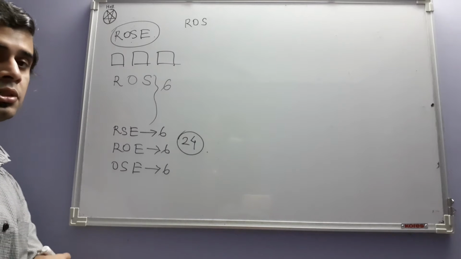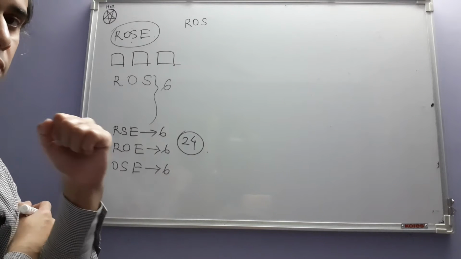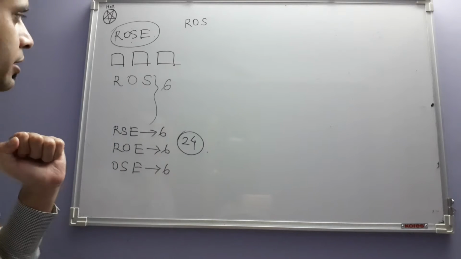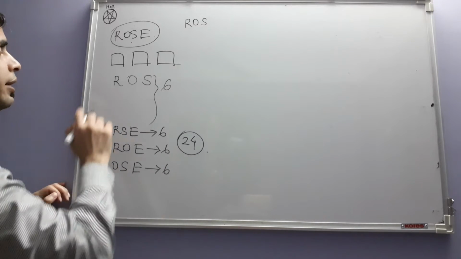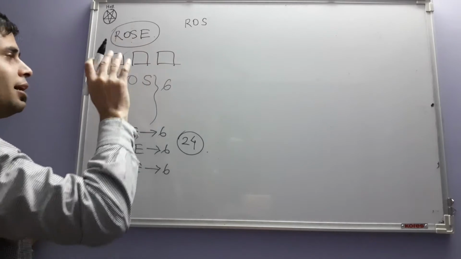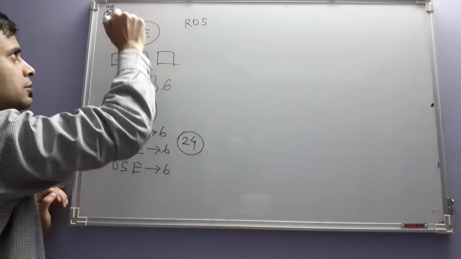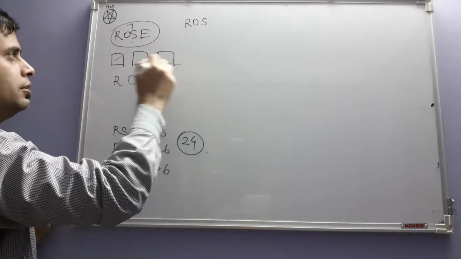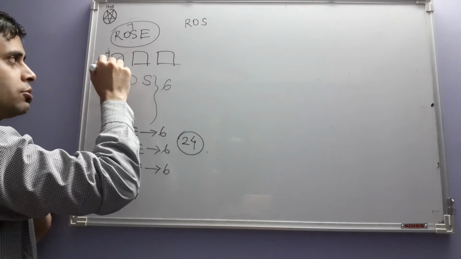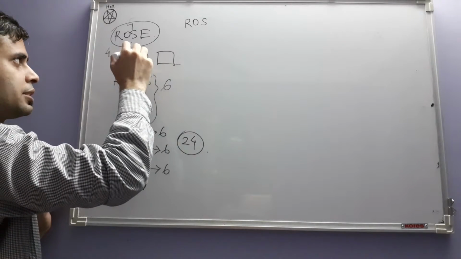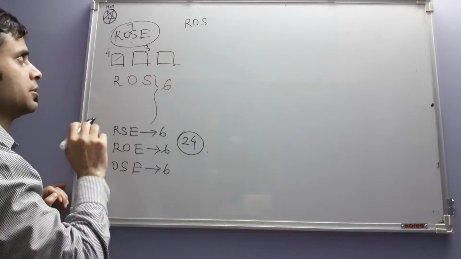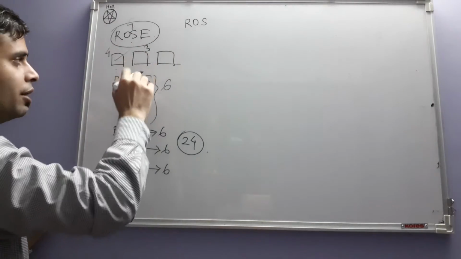Now if we use the fundamental principle of counting here, what should we get? For the first place, I have how many choices? 4 choices. R, O, S, E. Once one choice has been made, the second place can be filled in 3 ways, because I have 3 of them left.